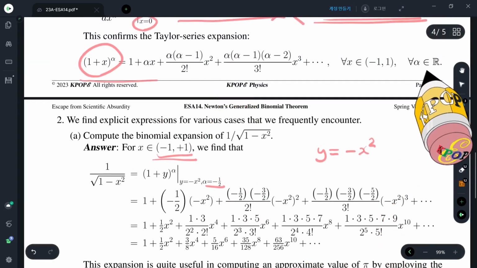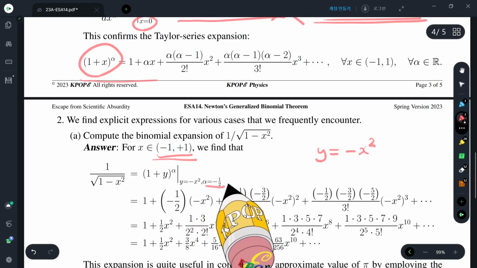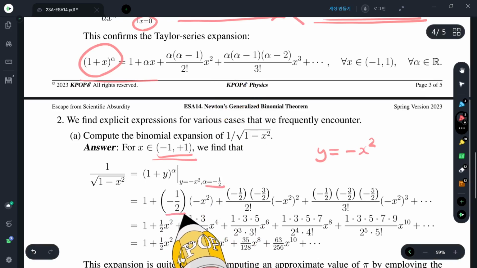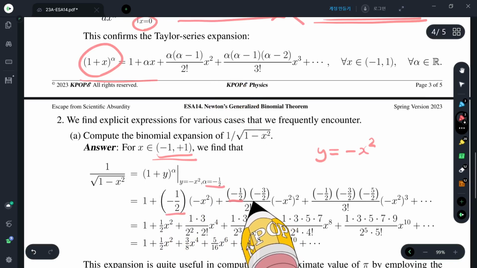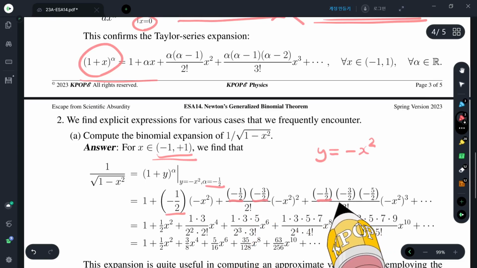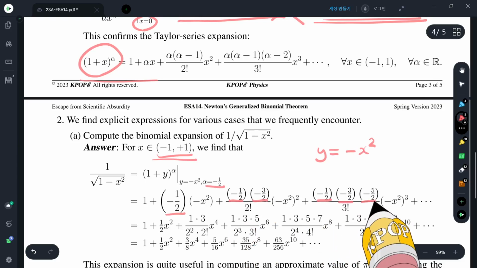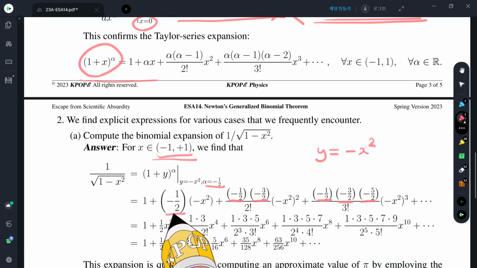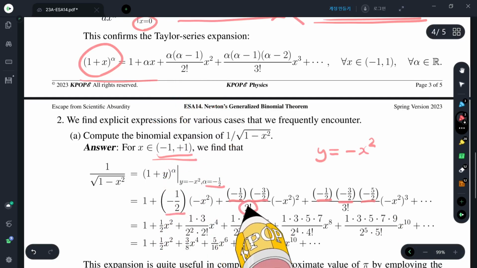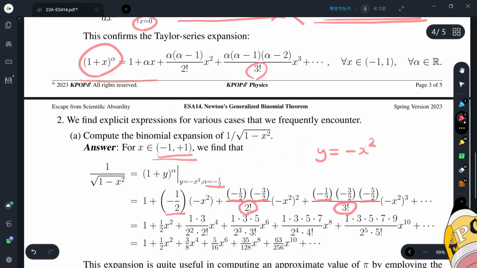We copy this result and substitute these values in here: alpha, alpha times alpha minus 1, alpha times alpha minus 1 times alpha minus 2, divided by 1 factorial, 2 factorial, 3 factorial, and so on.